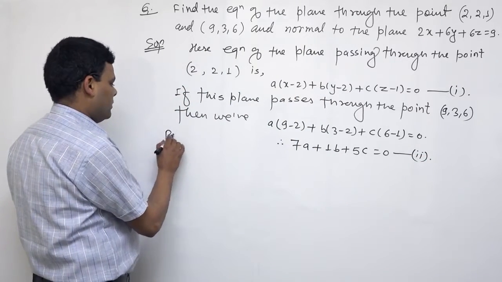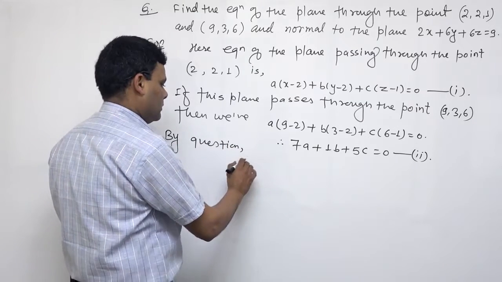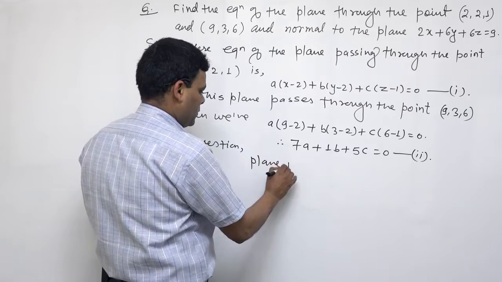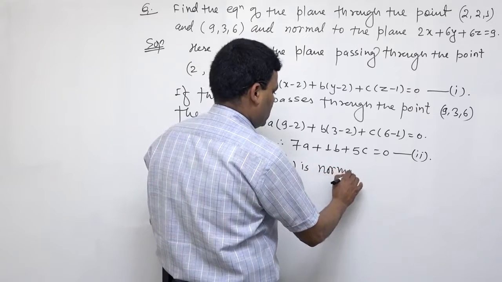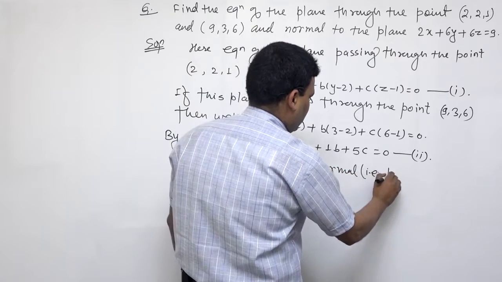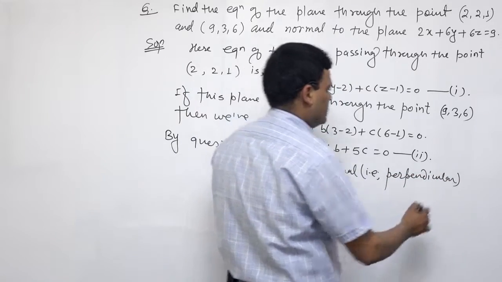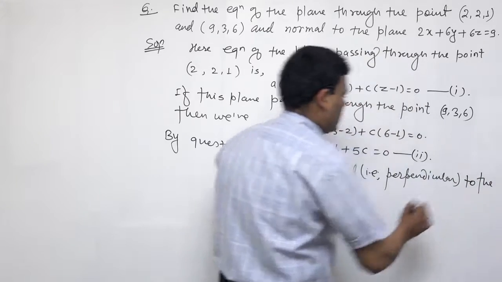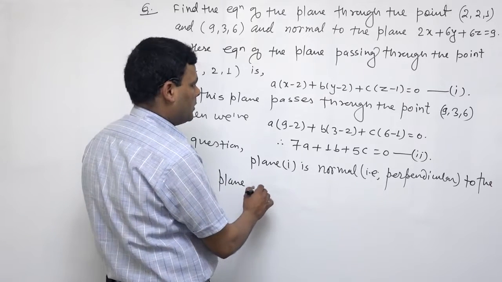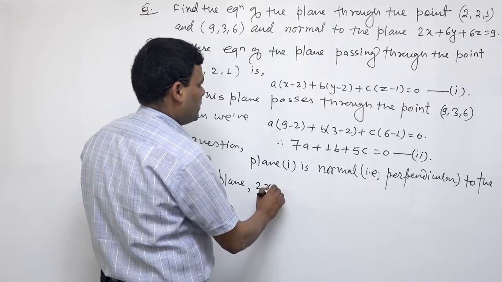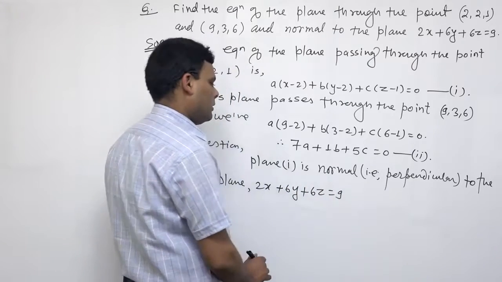By question, plane 1 is normal, that is perpendicular, to the plane 2x plus 6y plus 6z equals 9.